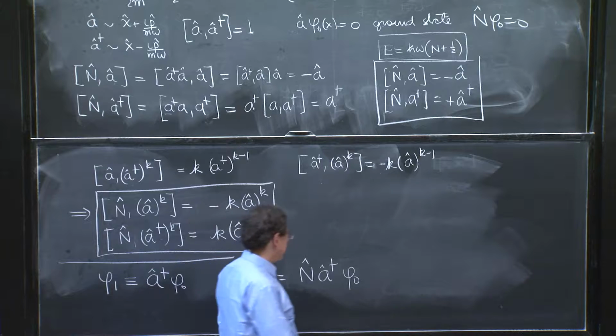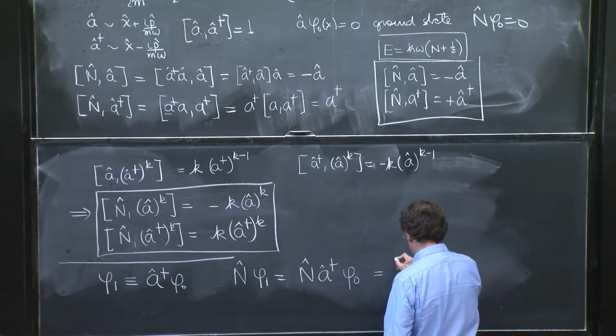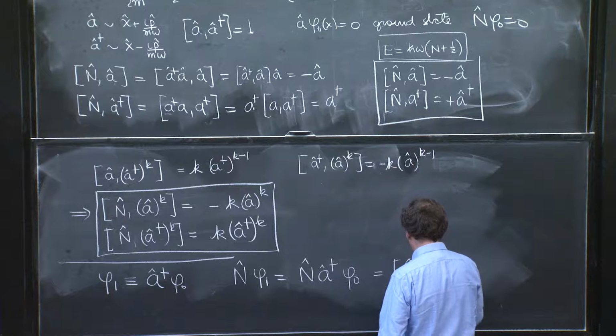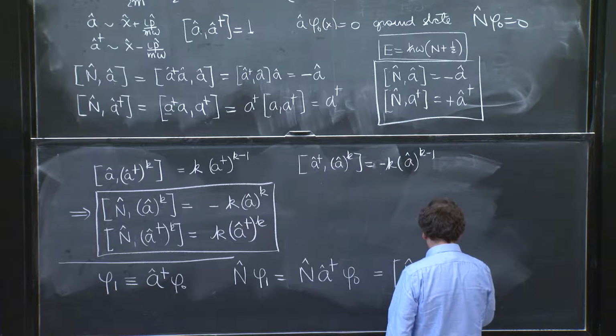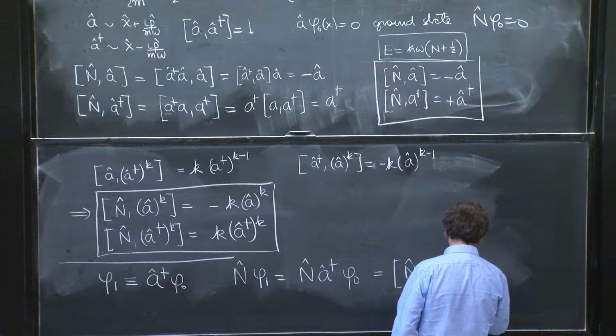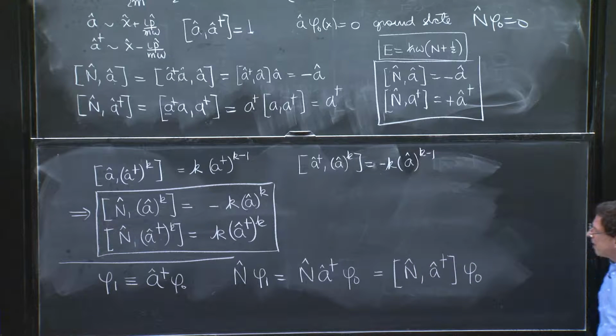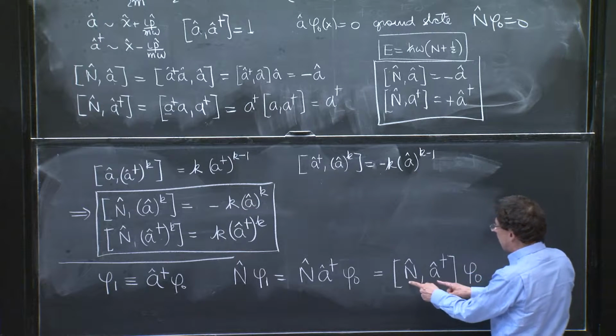So I claim, and this is a step that I want you to be able to do also quickly, that I can replace this by the commutator of these two operators. The product is replaced by the commutator. And you say, why? Aren't products simpler than commutators? No. We have formulas for commutators, and products are in general more complicated. And why is this correct? Well, it is correct because this has two terms.